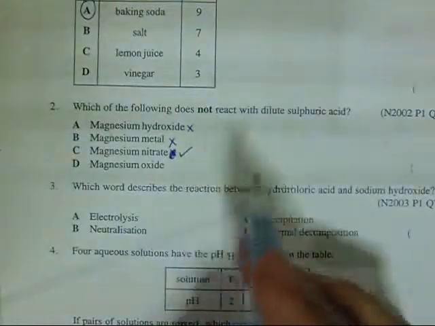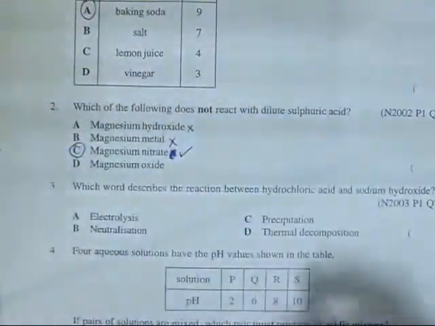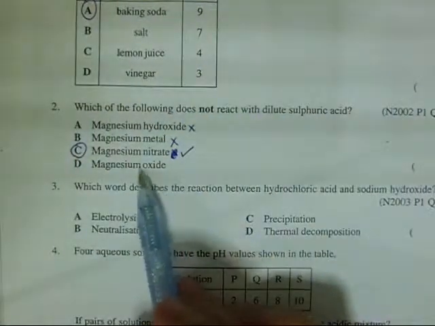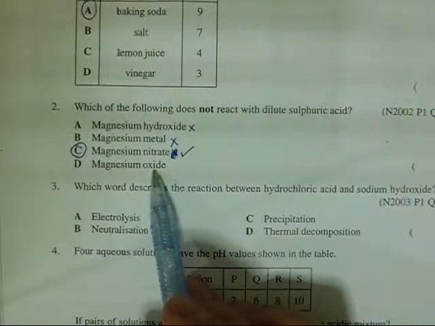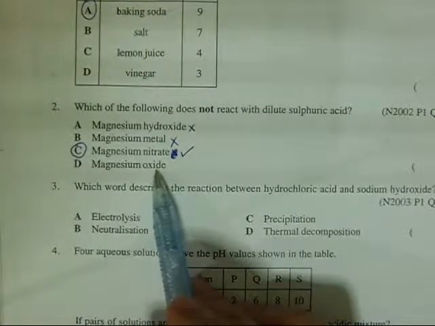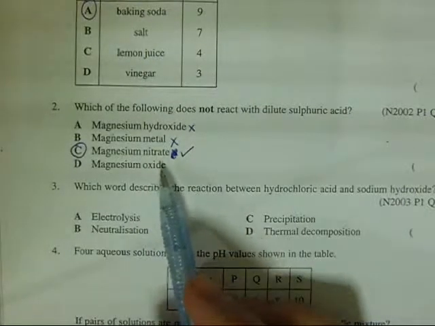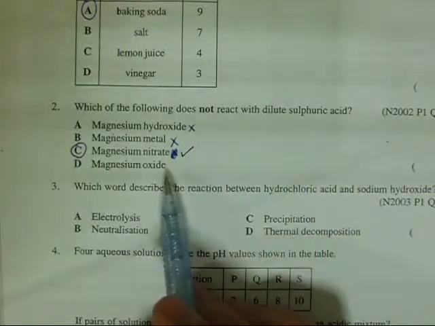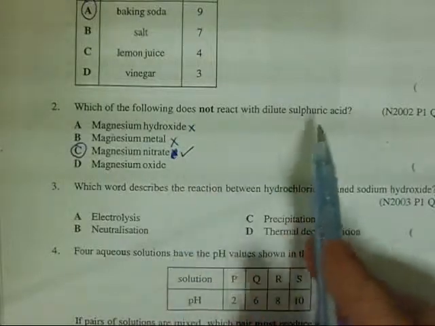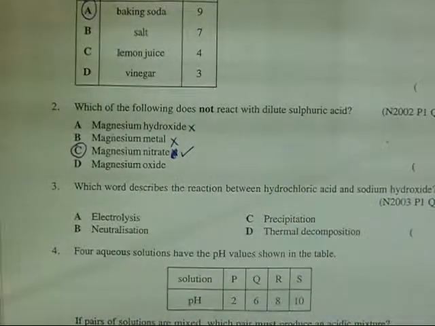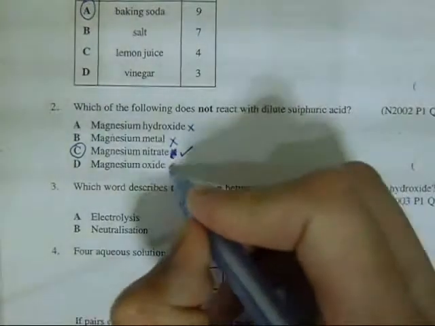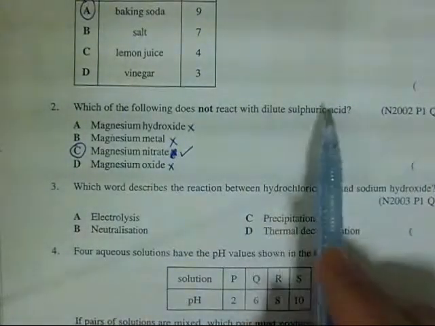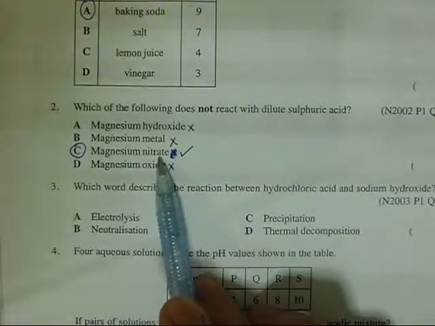Does not react, so the answer should be C. If we look at the last option, magnesium oxide, we know that magnesium oxide is actually an alkali and base. So your acid reacts with base to form salt and water. Acid also reacts with alkali to form salt and water. Very straightforward. Acid and nitrate, no reaction.